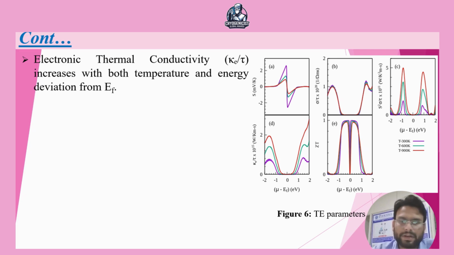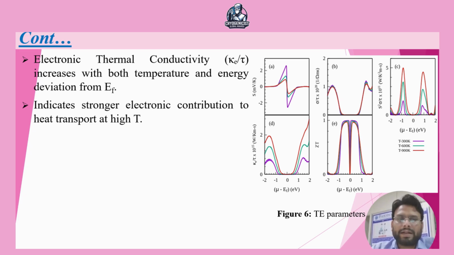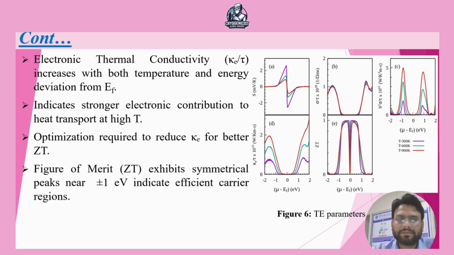It is highest for the red line, meaning at 900 Kelvin, and is lowest for lower temperatures like the purple line, showing 300 Kelvin. It indicates stronger electronic contribution to heat transport at high temperatures and optimization required to reduce the lattice thermal conductivity for better ZT.